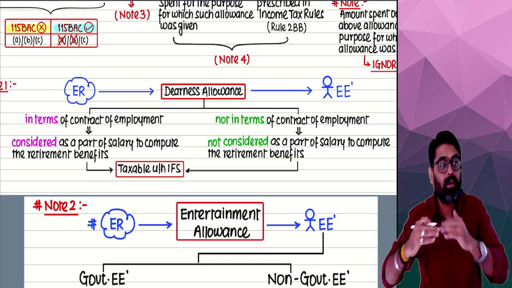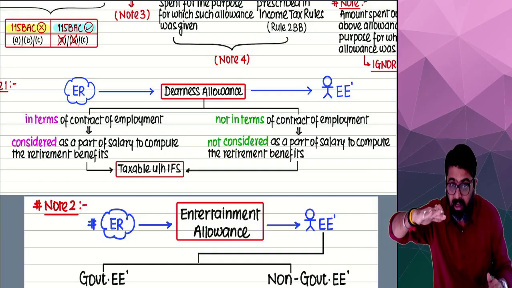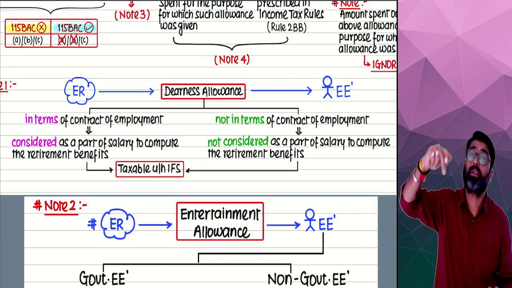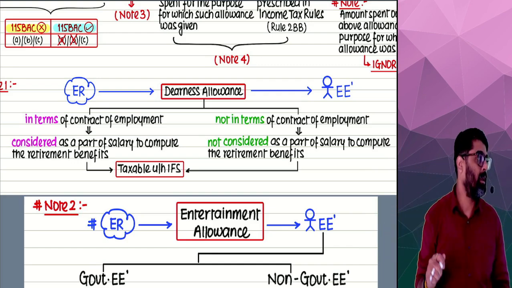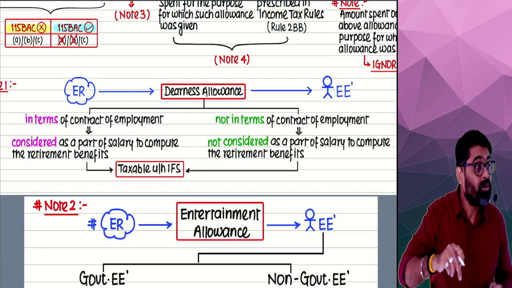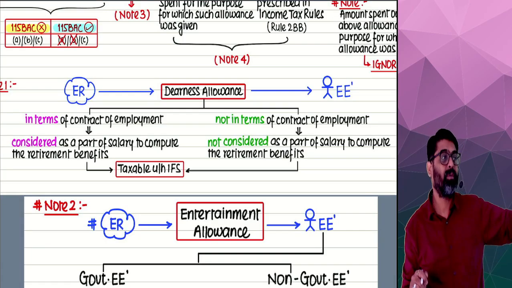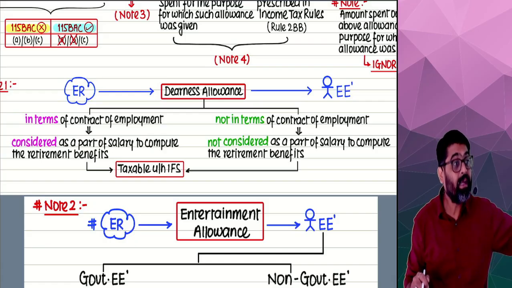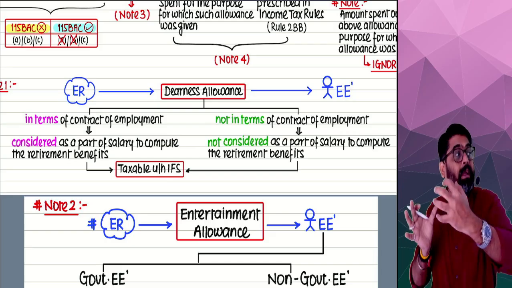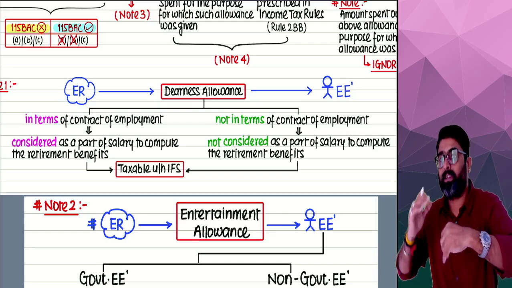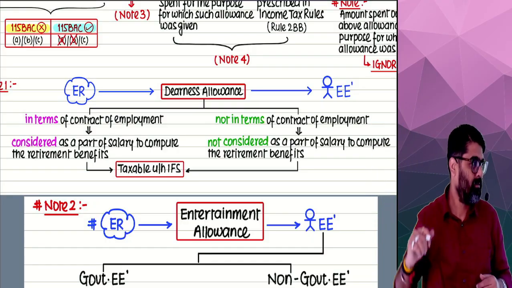Because whenever the retirement benefit has to be calculated, it is calculated based on the salary, and in the salary calculation the DA is also taken, and that DA should be given in the contract. So if the contract says this much is your DA, that DA will be taken as a part of your salary. Your salary will increase. And based on this increased salary, those retirement benefits will be higher.